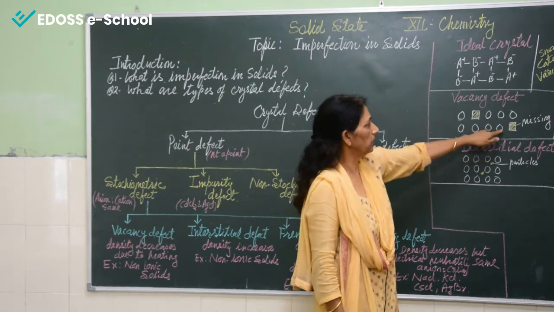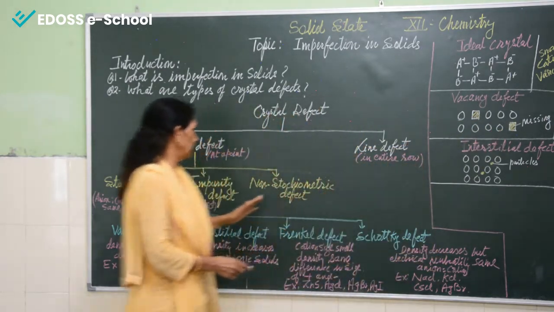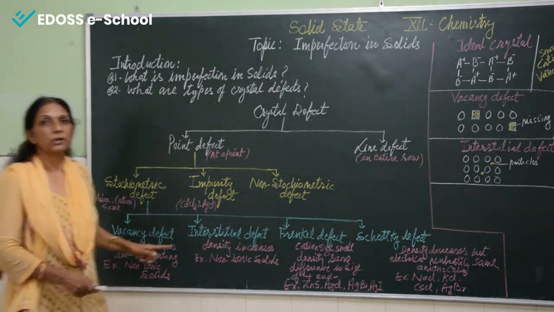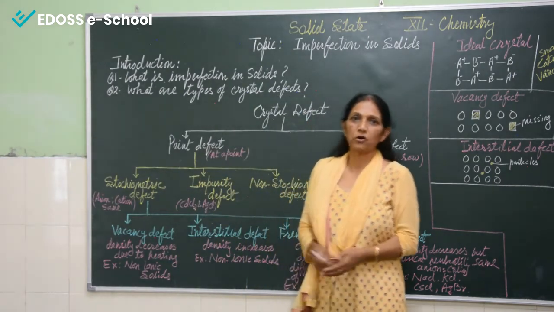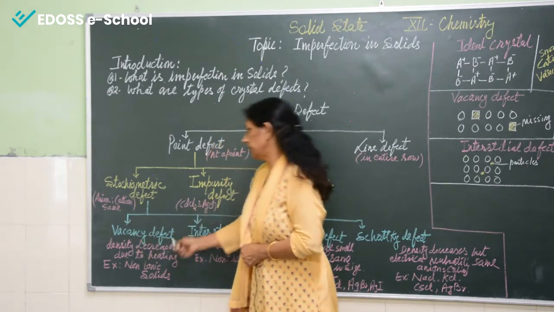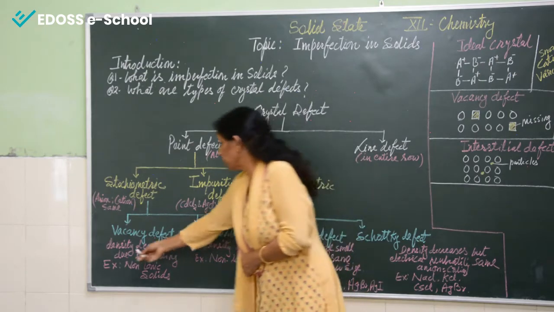Now what is happening? Because anions and cations are missing, the density will decrease, because the number of anions and cations will decrease. The ratio will not be the same as in the ideal crystal. So the density will decrease. And this also happens because of heating.